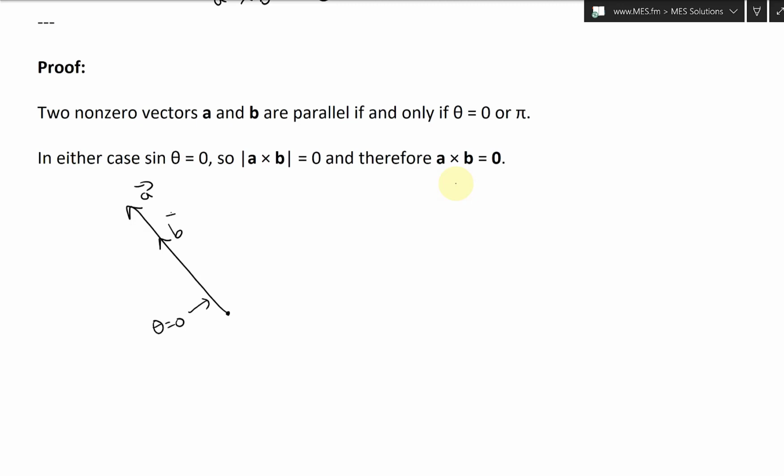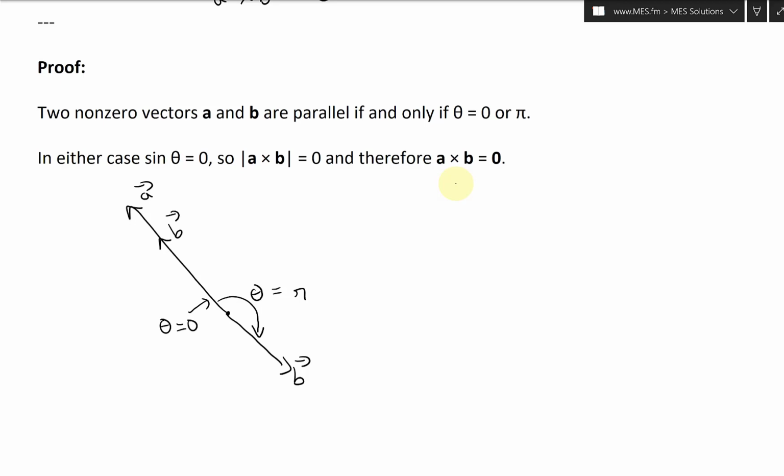This is B, so it's parallel. The other way to get it parallel is if it goes the opposite way. So instead of that, say you had B over here. This theta is equal to pi radians, like that.